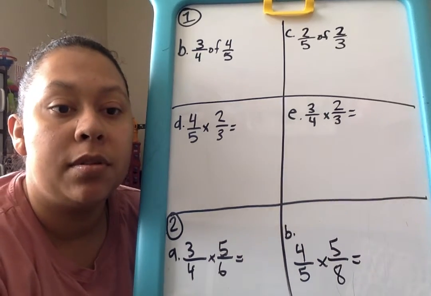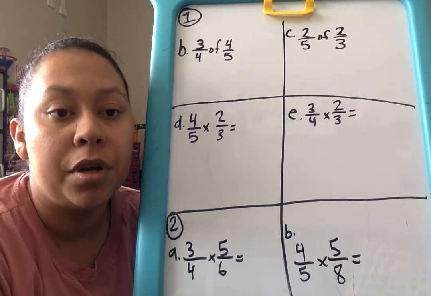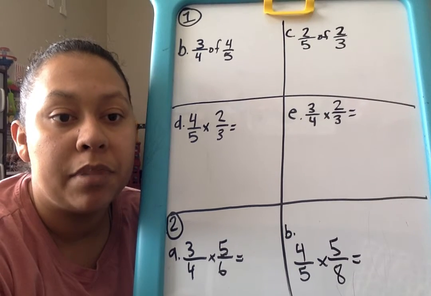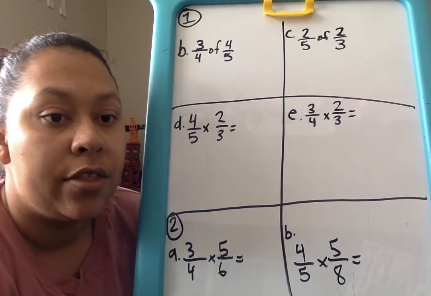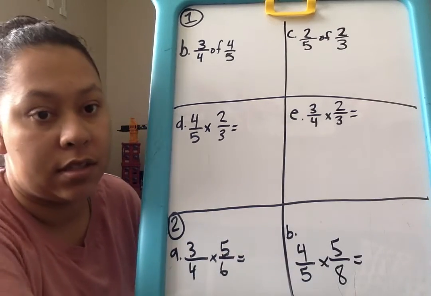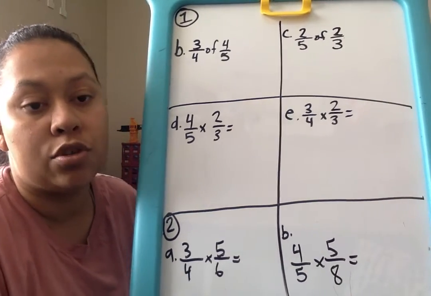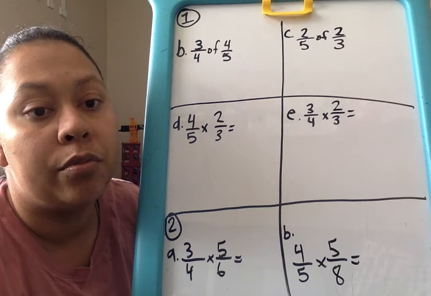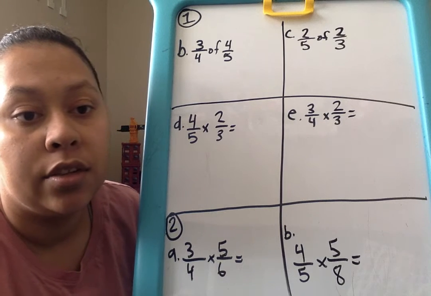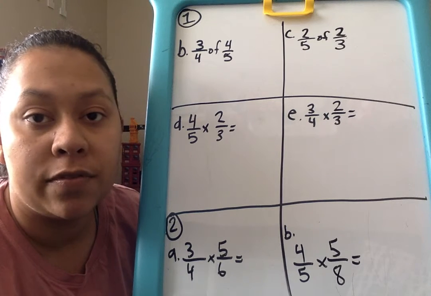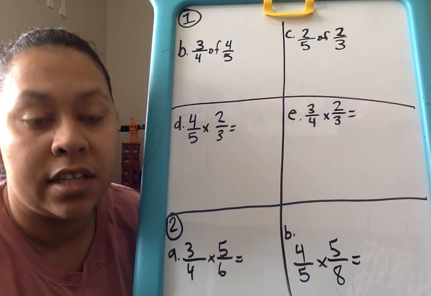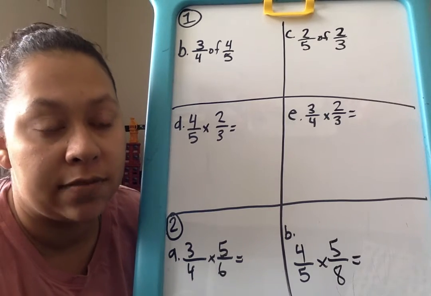So for problem A, it already showed the work for you. Let's go to problem B. So let's solve 3/4 of 4/5. So that means we're taking 3/4 of 4/5. Like we're starting with 4/5 of it and then we're only going to use 3/4 of it.